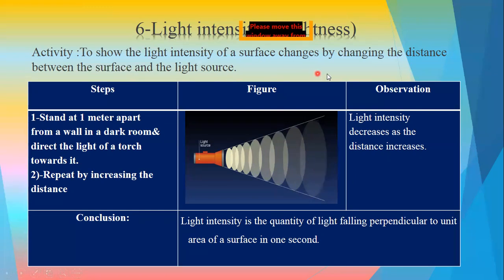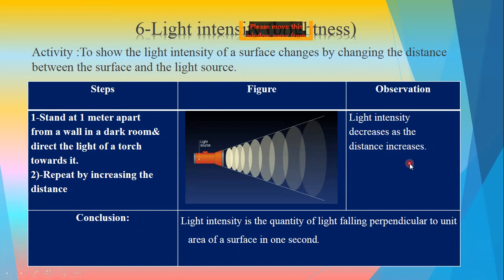Light intensity changes by changing the distance between the surface and the light source. حضرتك ممكن تجيب التورش ده كده وتقف قدام الحيطة مثلا. وحتى لو الأوضة كانت ضلمة جرب الاكسبيرمنت دي. كل ما تبعد عن الحيطة كل ما شدة الضوء على الحيطة تقل. يعني اللايت انتنسيتي هنا بتقل. يعني لو حضرتك واقف على بعد 1 meter from a wall direct the light of the torch towards it. طيب repeat by increasing the distance. إيه اللي بيحصل؟ كل ما تبعد the light intensity decreases as the distance increases.